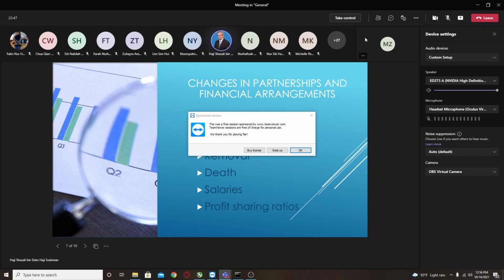And then death. When someone dies, they are no longer a partner of the firm. An estate cannot be. So if you have a beneficiary, you have an estate, they cannot be partners of the firm.